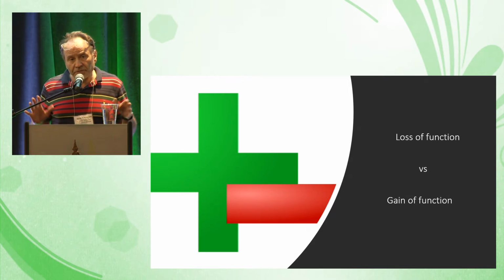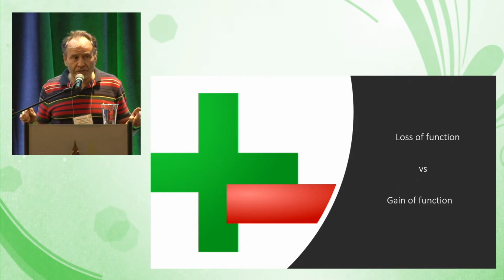Sometimes, if a protein is mutated and it doesn't work as it normally should, that's why you have a disease. Insufficient microtubule severing or insufficient regulation of endoplasmic reticulum.